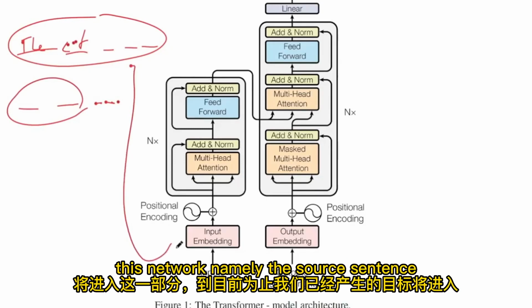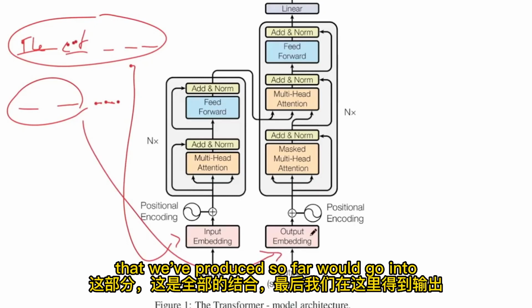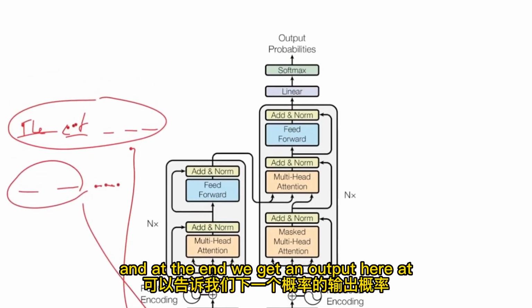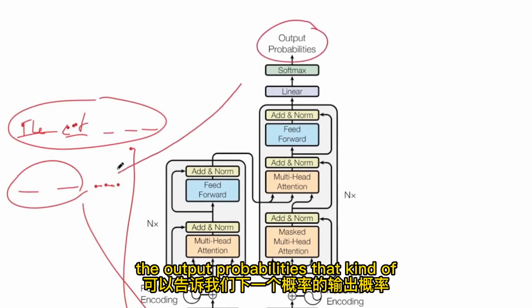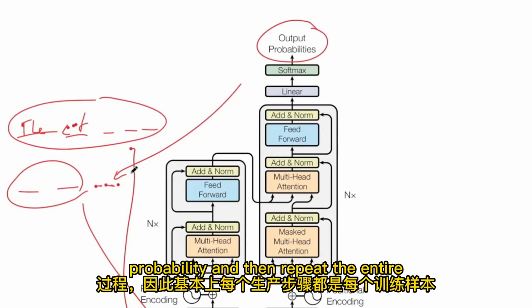Namely, the source sentence would go into this part, and the target that we've produced so far would go into this part. And this is then all combined, and at the end we get an output here, the output probabilities, that tells us the probabilities for the next word. So we can choose the top probability and then repeat the entire process.